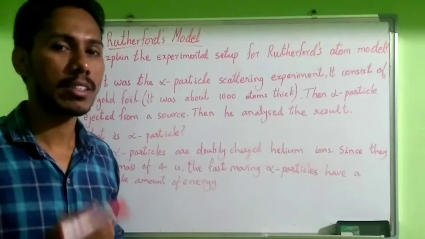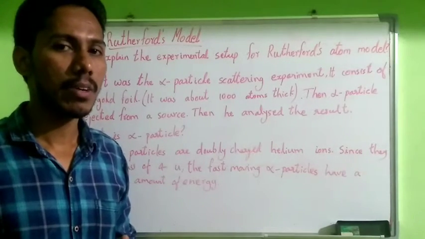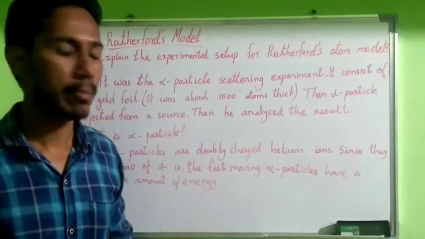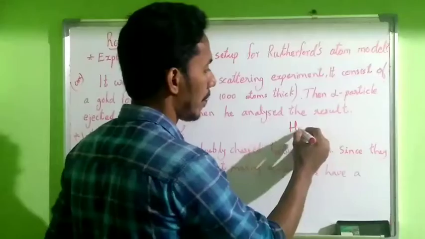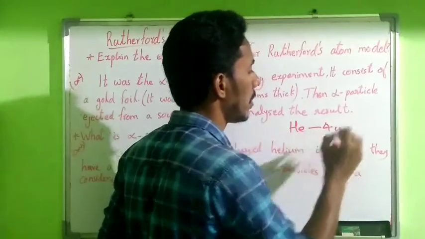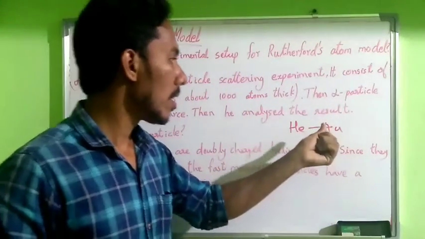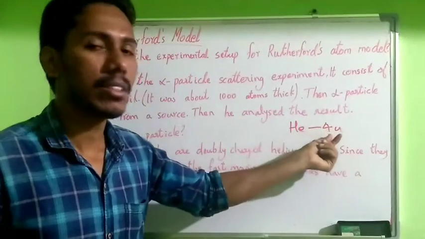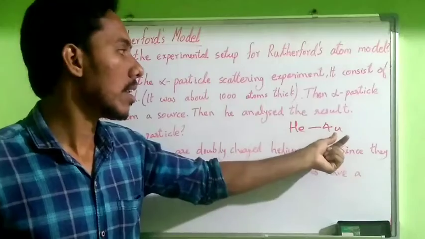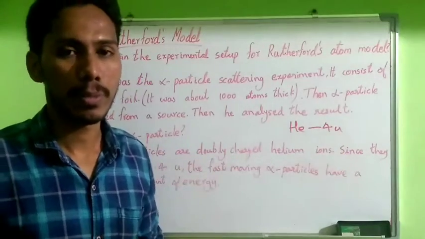An alpha particle is a subatomic particle similar to helium. The atomic mass of helium is 4 atomic mass units, and the mass of the alpha particle is the same, 4 atomic mass units.